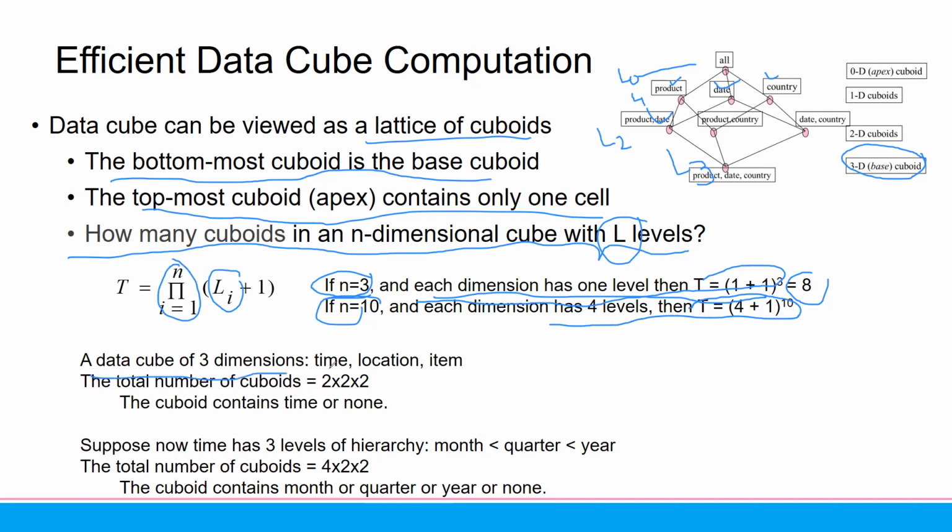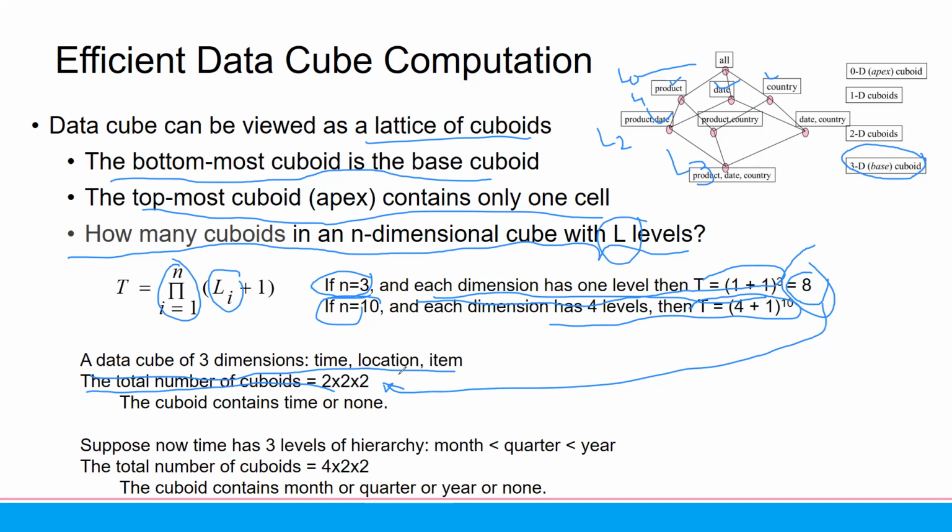So a data cube of 3 dimensions has time, location, and item. The total number of cuboids is 2 multiplied by 2 multiplied by 2, and the result is 8. The 8 represents how many cuboids will be available.